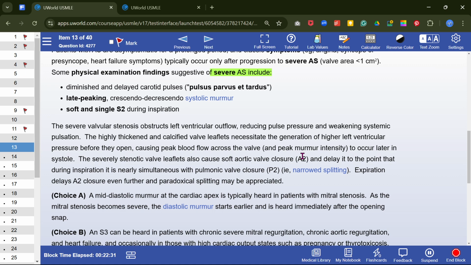The severely stenotic valve leaflets also cause a soft aortic valve closure, A2, and delay it to the point that during inspiration it is nearly simultaneous with pulmonary valve closure, P2, narrowing the splitting. Expiration delays A2 closure even further and paradoxical splitting may be appreciated.